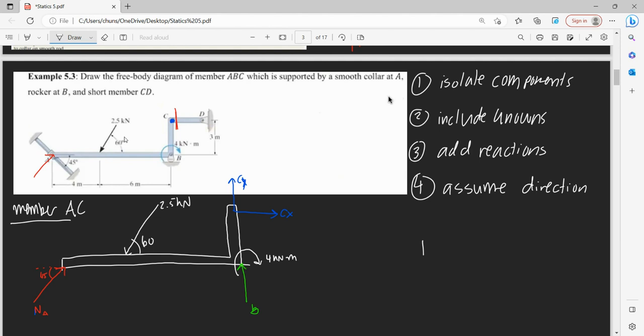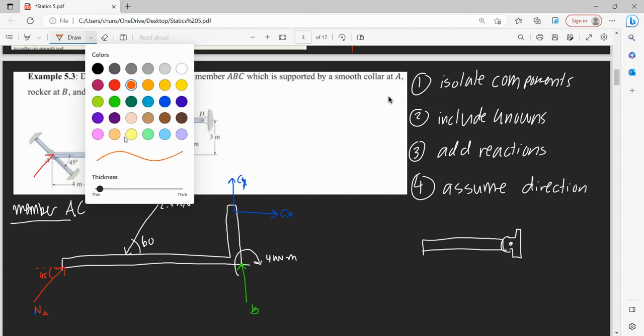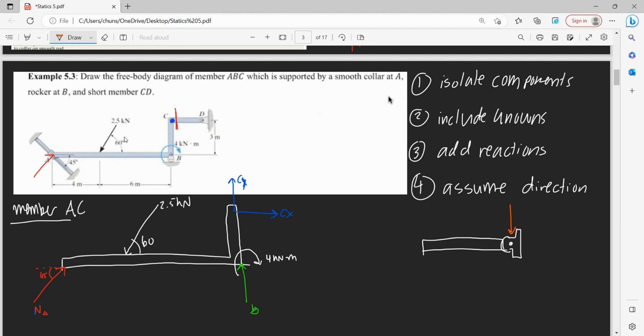And if we drew CD, our pin here, we know that our pin develops a Y and an X direction. So this is DX, DY, we're assuming direction. And you'll see this again in later chapters, but I'm just going to gloss over it.